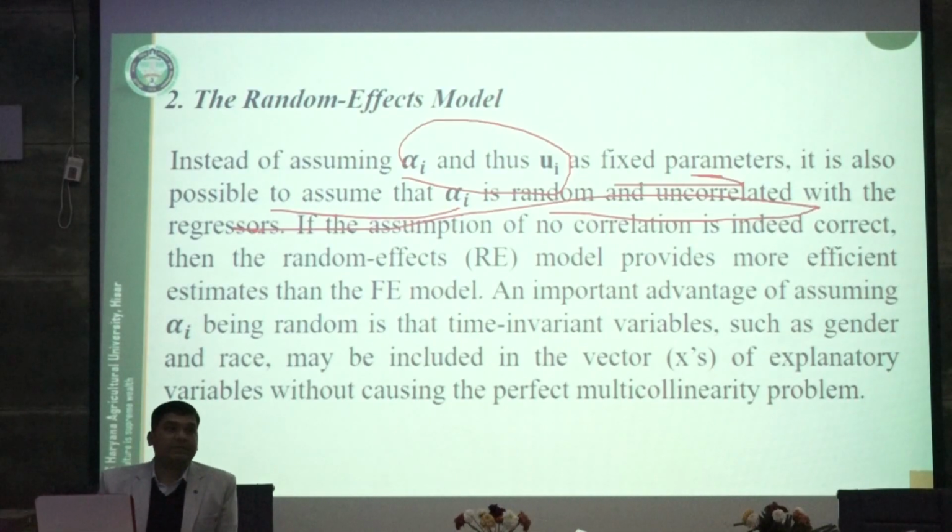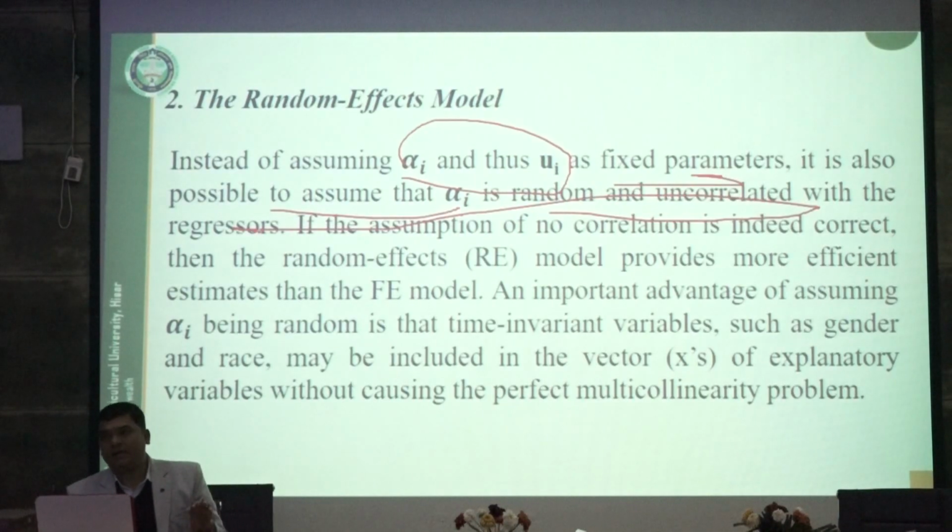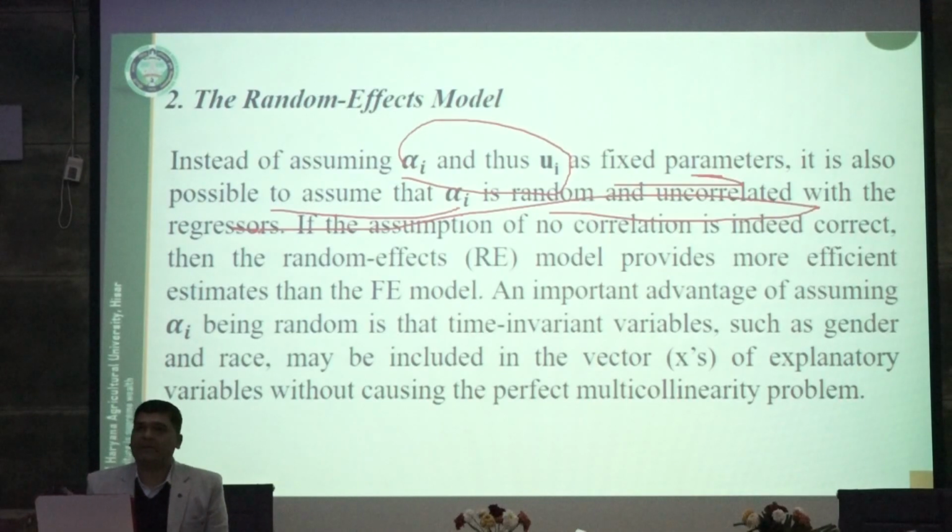It is assumed in the random effect model that the correlation between ui and xi is 0. That means there is no correlation between them. So this is the assumption for a random effect model.